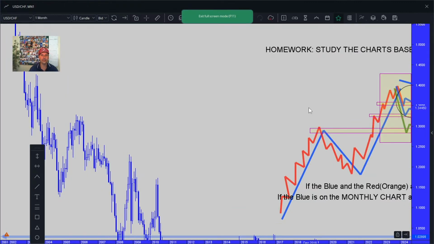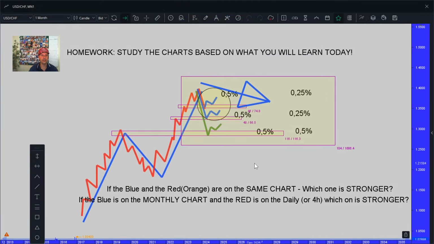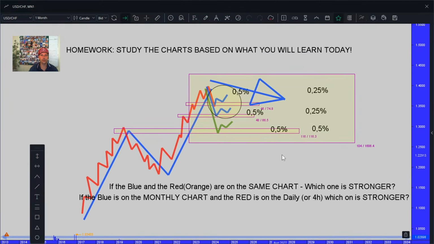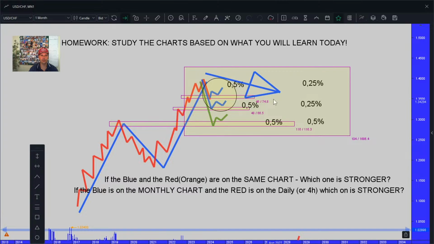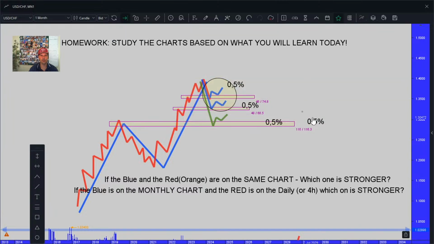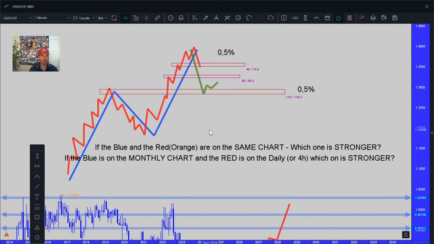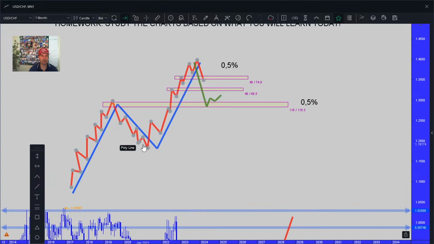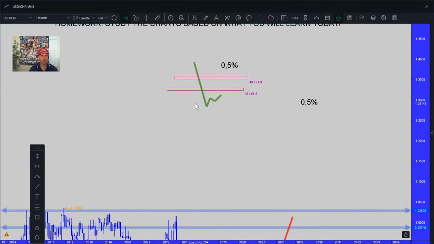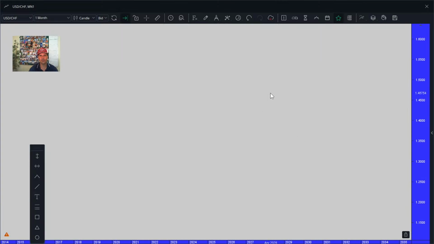And from Friday we had the homework, study the charts based on what you have learned. So we talked about risk management, right, and a lot of stuff. Now I'm going to delete the blue, red, orange, same, okay, out. Now let's talk about consolidations, all right?